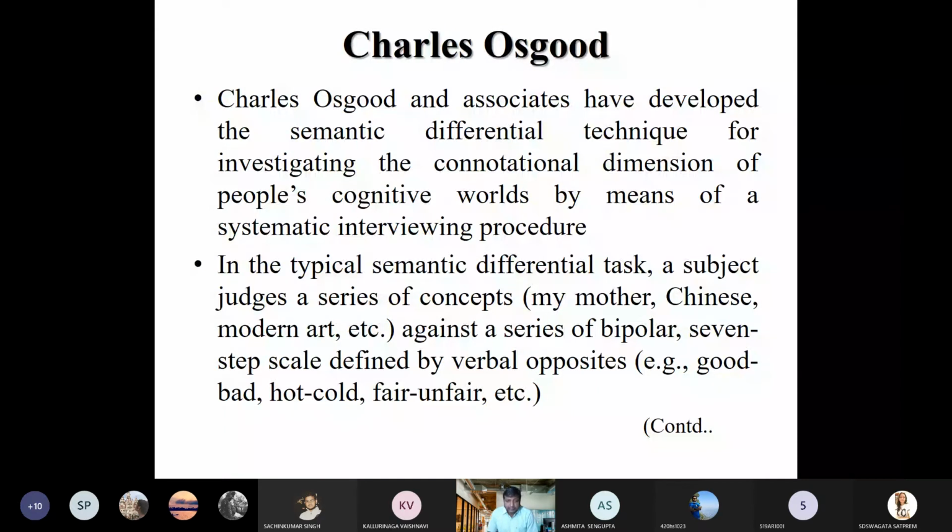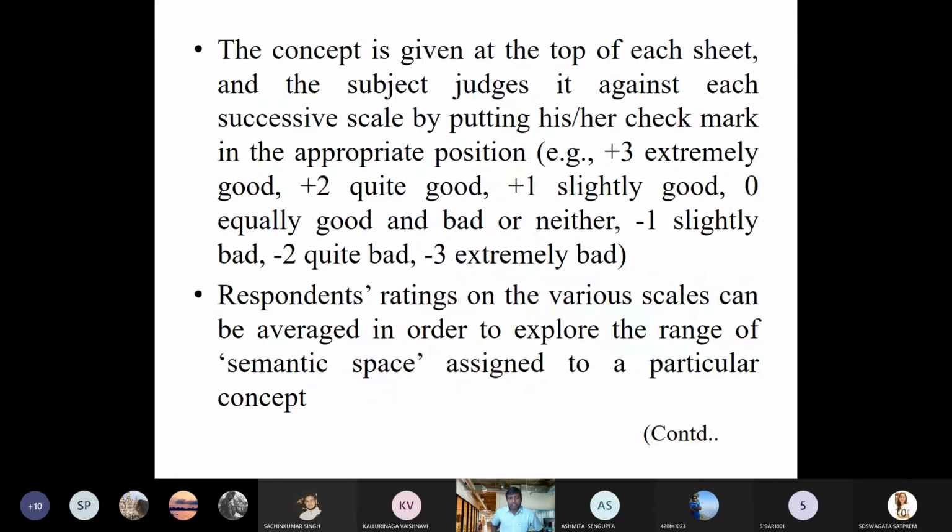In the typical semantic differential task, a subject judges a series of concepts, like my mother, Chinese, modern art, etc., against a series of bipolar seven-step scales defined by verbal opposites, usually good, bad, or some people use hot, cold, fair, unfair. Sometimes the concept is given at the top of the sheet and the subject judges it against each subjective scale by putting his or her check mark in the appropriate position.